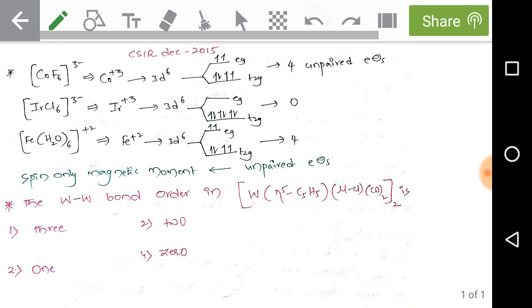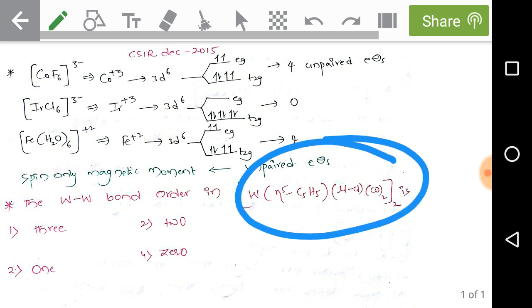Next question: the tungsten-tungsten bond order in the given complex. We first need to find the total valence electron count for this complex.